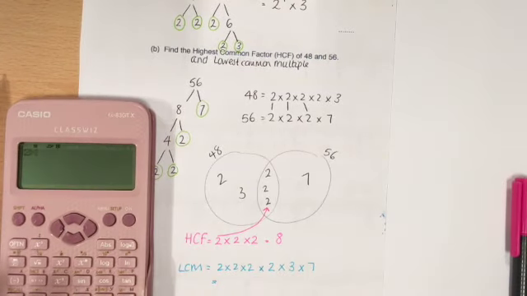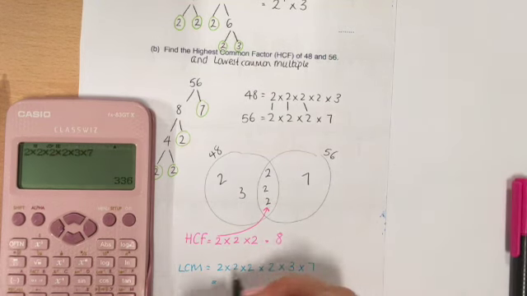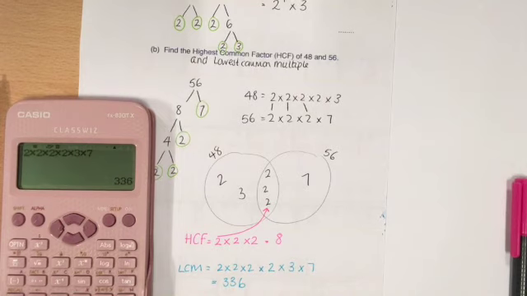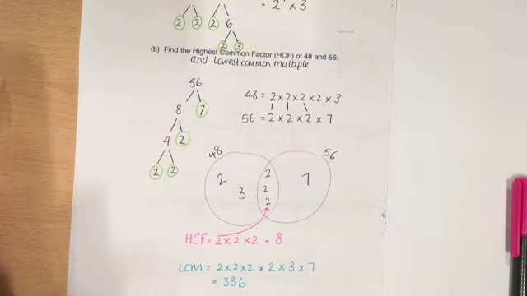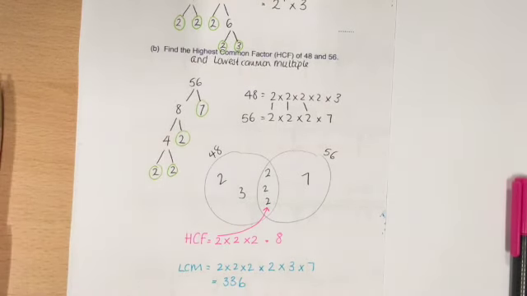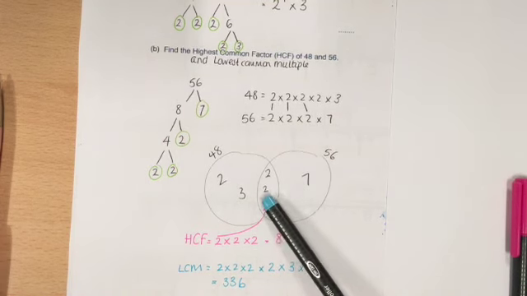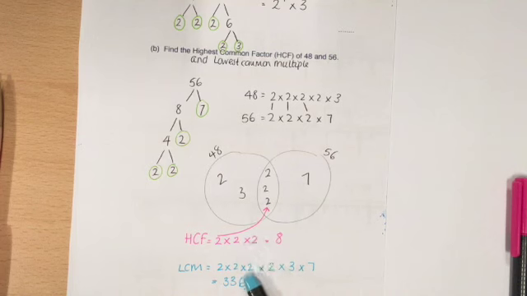So we've got 2 times 2 times 2 times 2 times 3 times 7. So our answer is 336. You would expect your lowest common multiple to be quite high if you're working with big numbers. So the key here is to put it into a Venn diagram so then it's easier to find the HCF and the LCM.